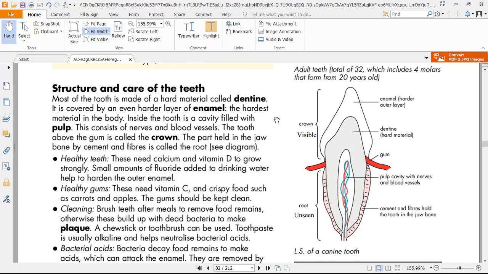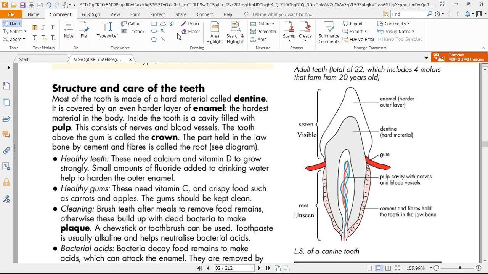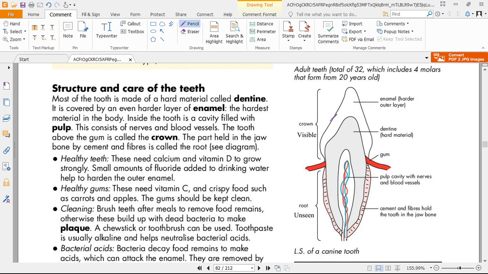So when you have a decay, what basically happens is that the enamel tears away and the dentin decays. When this section starts to decay, it becomes black. When you look at rotten teeth, we say the teeth is rotten because you're seeing the black left on that surface.